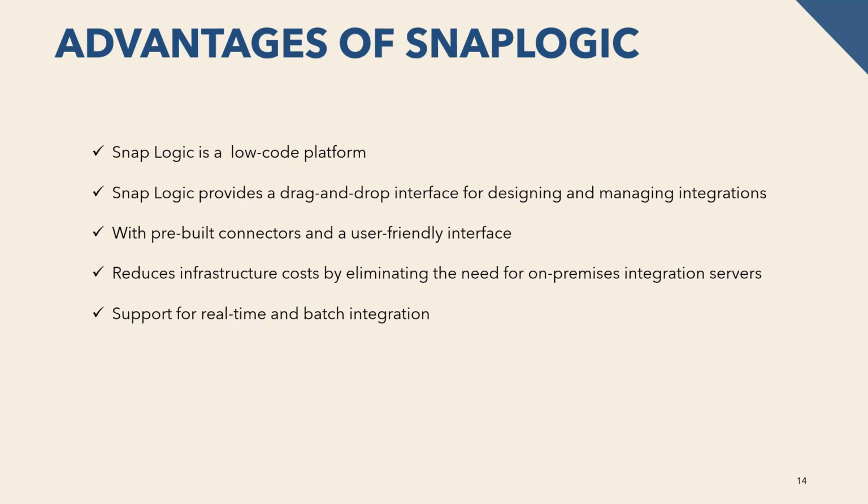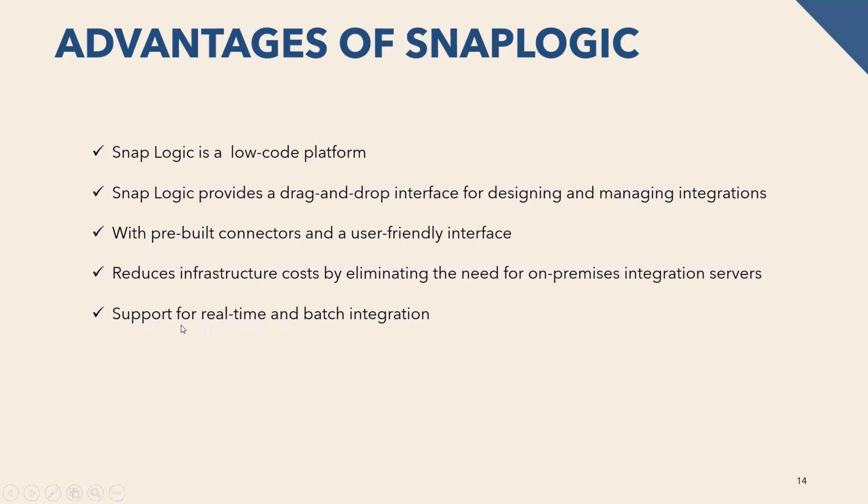That can be eliminated by using SnapLogic, because organizations no longer need to purchase or maintain on-premises integration services or infrastructure, such as physical servers, networking equipment, and storage solutions, to host their integration tools. Since this is a cloud platform, the cloud provider takes care of all the infrastructure maintenance, which reduces the operational burden and the associated costs.